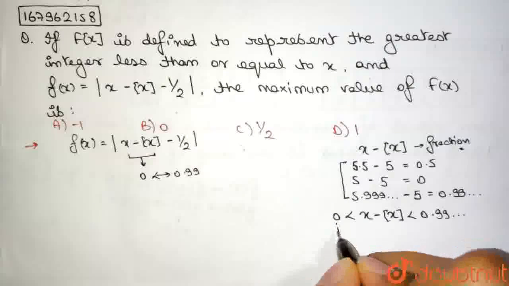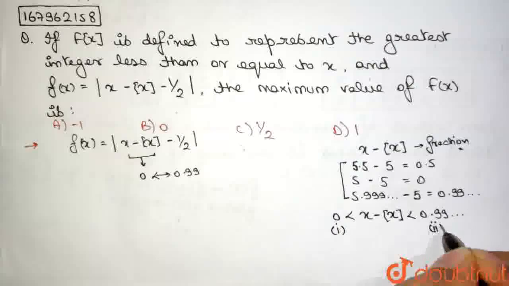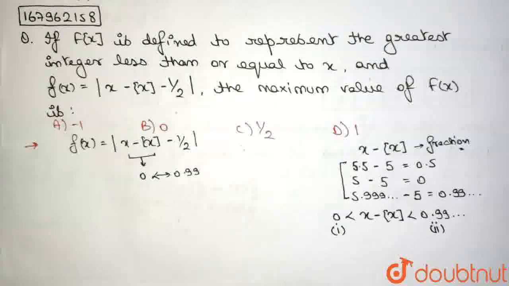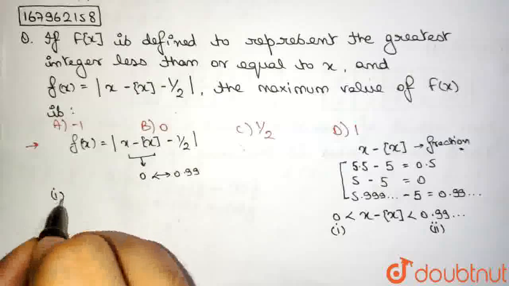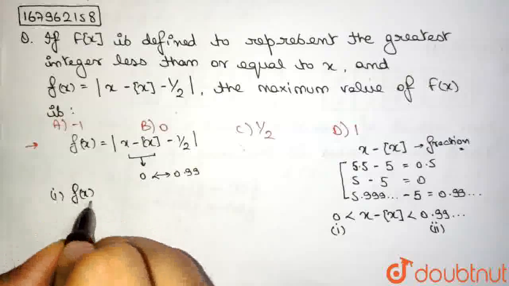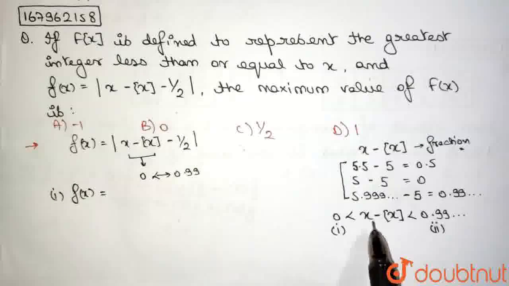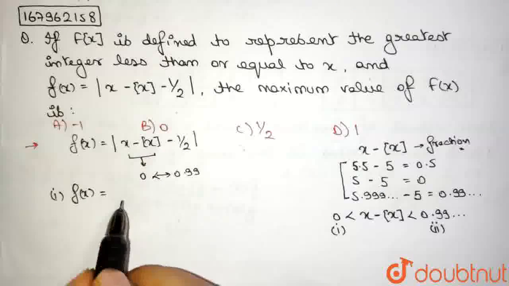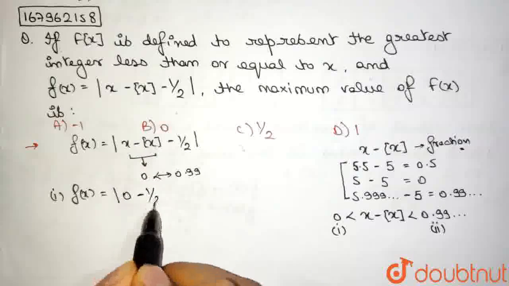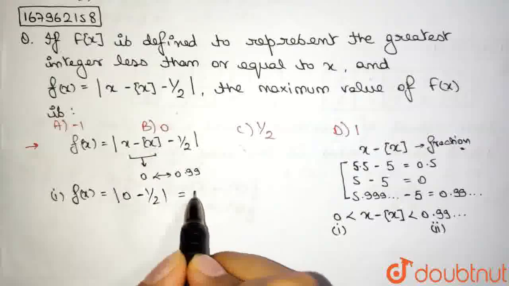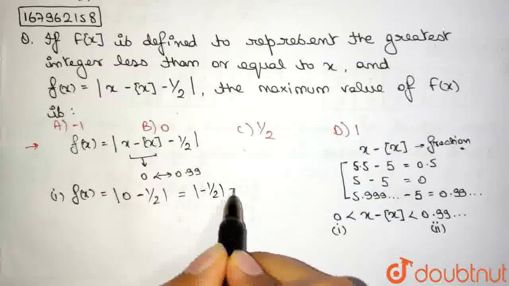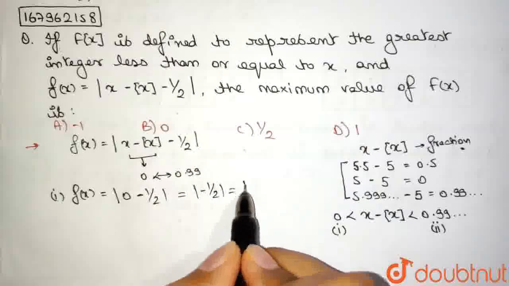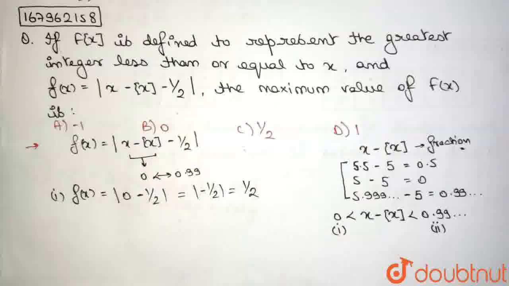So here we have case 1 and we have case 2. Let us put these values in this function. So in case 1, since x minus GIF of x is equal to 0, we get f(x) equal to mod of 0 minus 1 by 2, which is nothing but mod of minus 1 by 2, which is equal to 1 by 2, because mod gives the positive value.